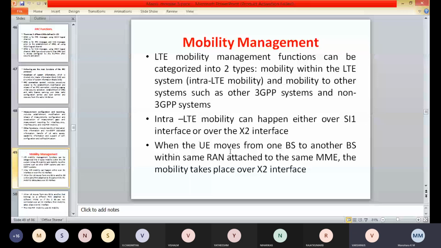Transparent mode, acknowledgement mode, unacknowledgement mode. Okay, fine.